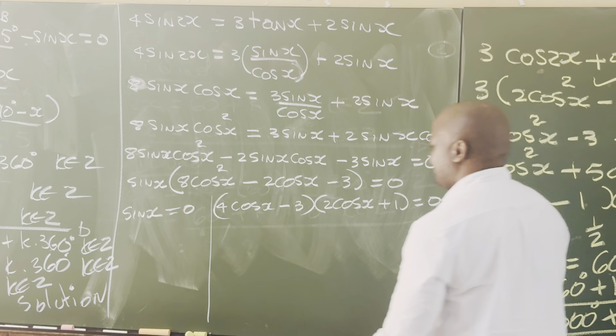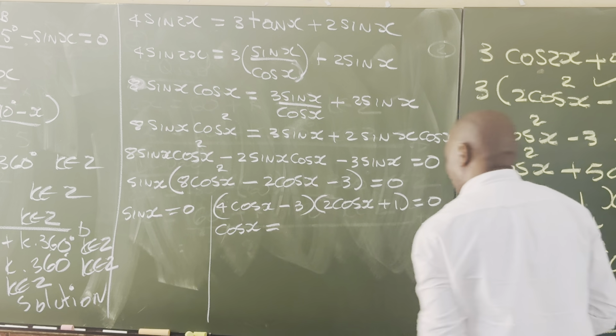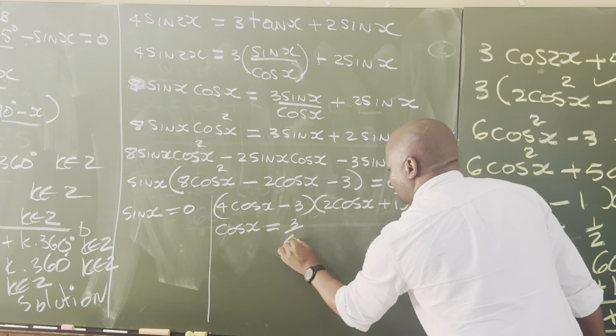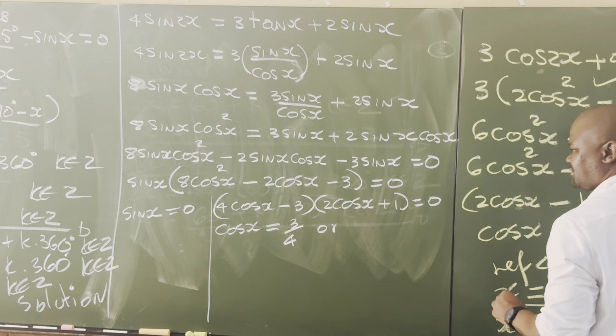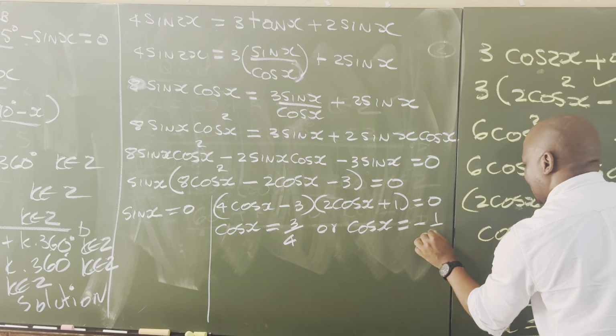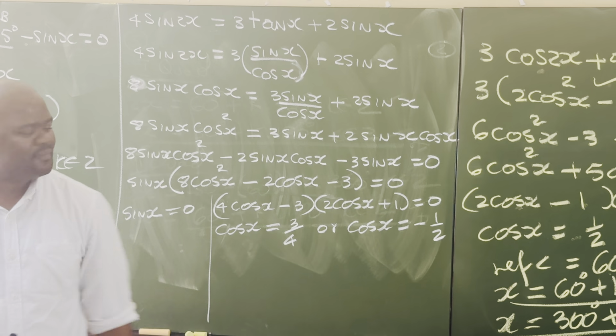And then from here, we make cos x the subject of the formula. So cos x is 3 over 4, or cos x is equals to negative 1 over 2. So that means we have to find all the solutions for these three.